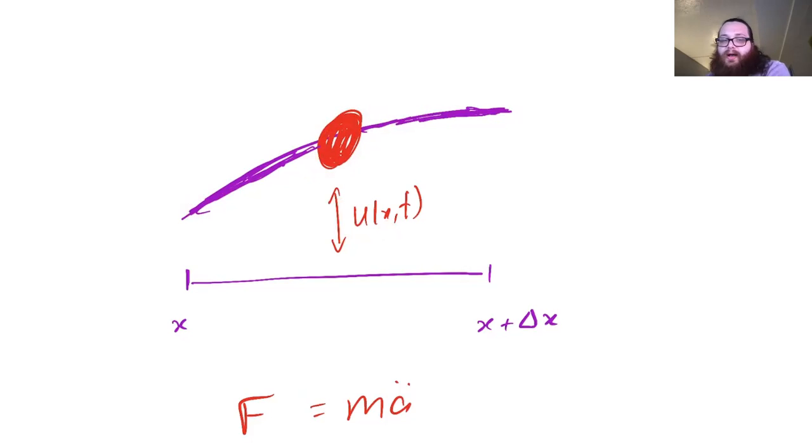Maybe another way to say this, we're taking the entire mass of this segment of string, localizing it to a single particle. Then how does this short segment of string move? It's going to be roughly how this particle moves. And then we're going to take a limit as this short segment becomes shorter and shorter and end up with the PDE that we want.